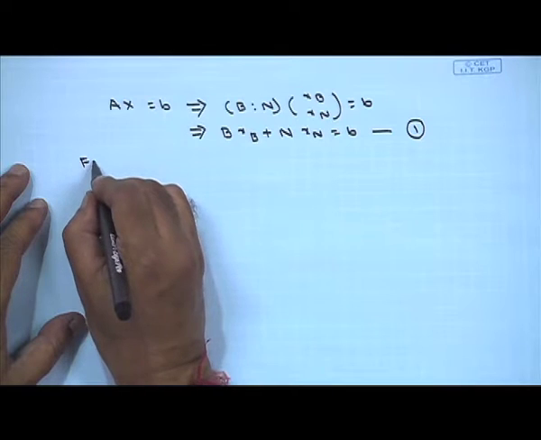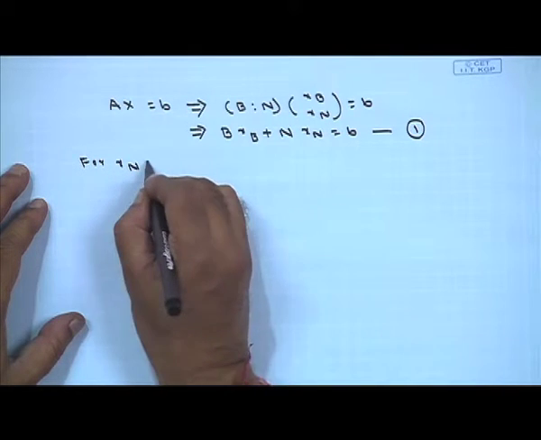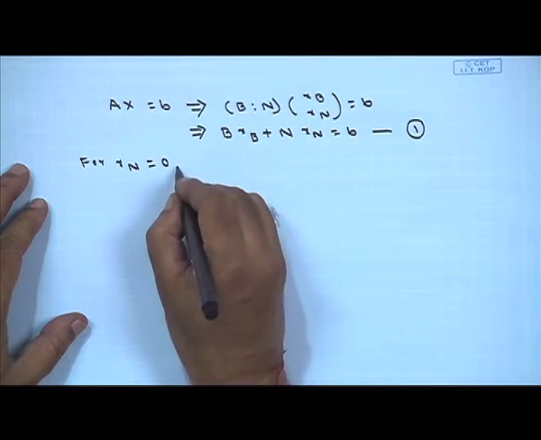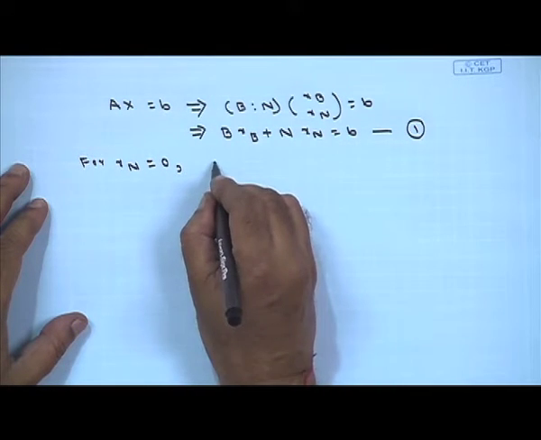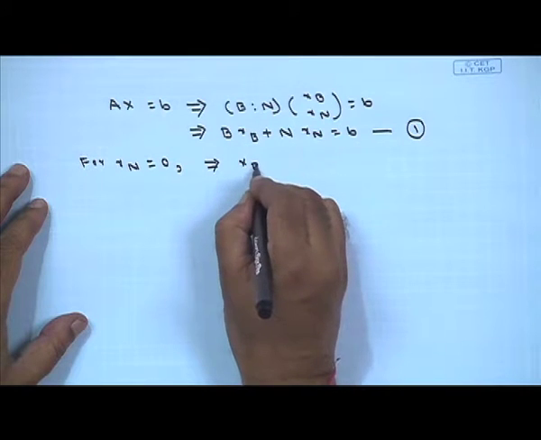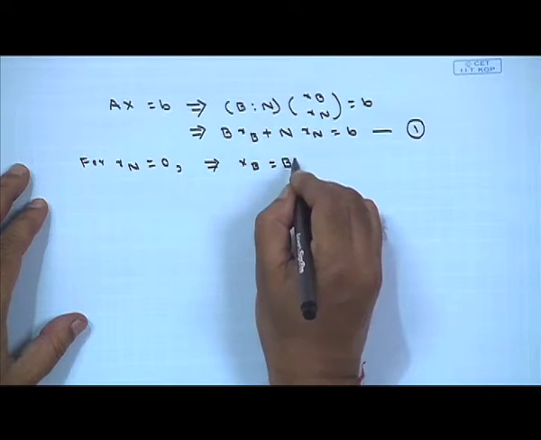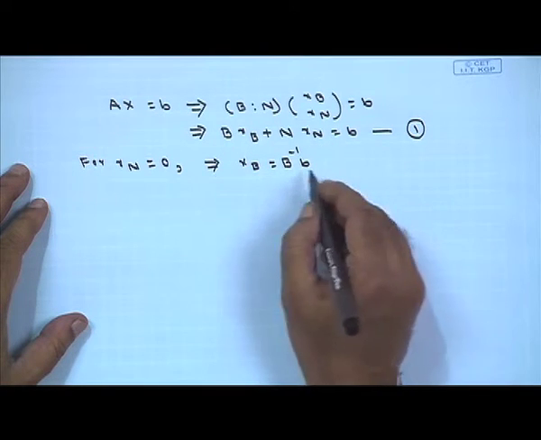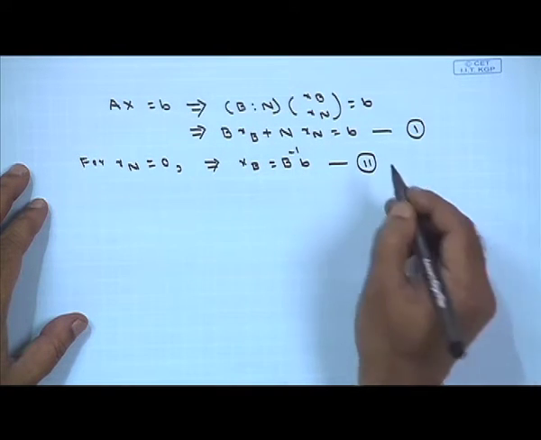Now, whenever xn equals 0, which implies that xb equals B inverse B. This is equation number 2.